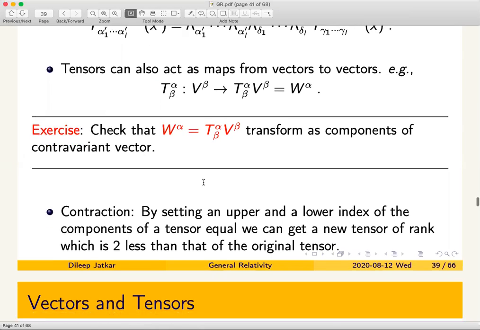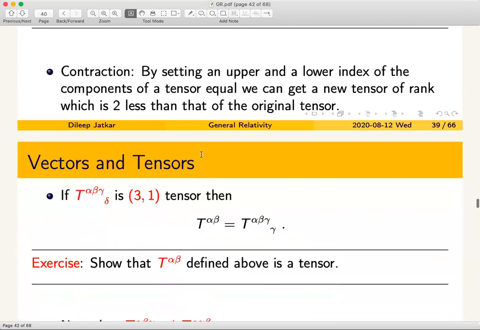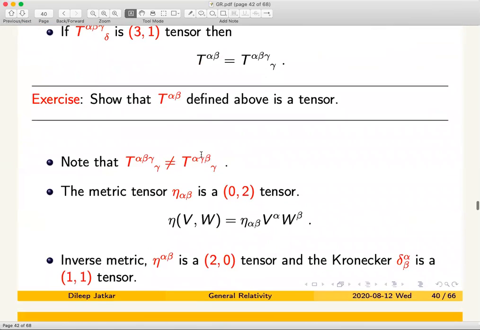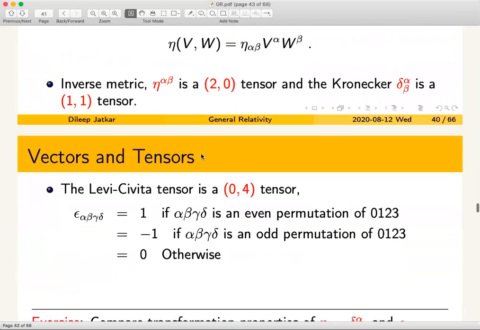So you can think of tensors as maps from one tensorial space to another tensorial space, where tensors in general would be defined as scalars, vectors, second rank tensors, third rank tensors, depending upon how many indices they carry. That allows us to unify this language and call everything a tensor as long as it transforms homogeneously under coordinate transformation.